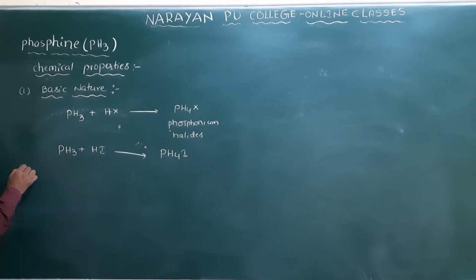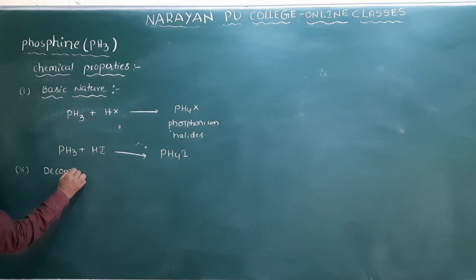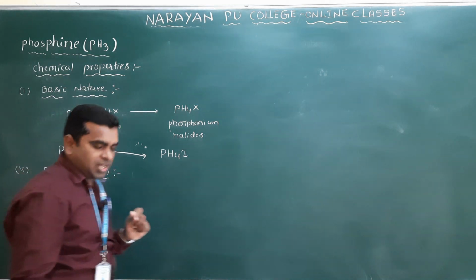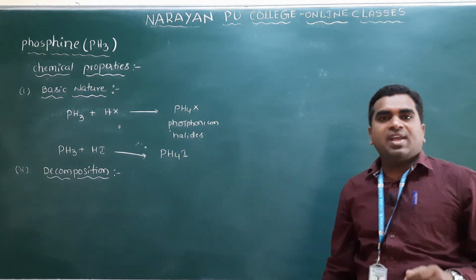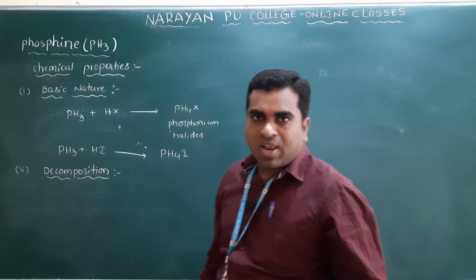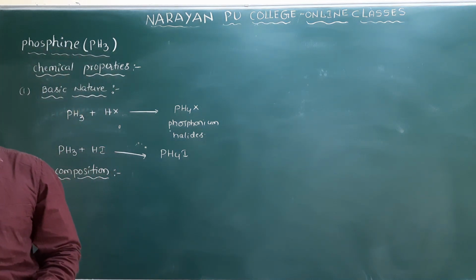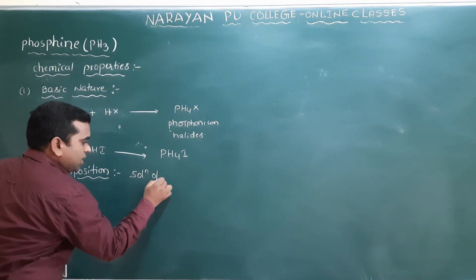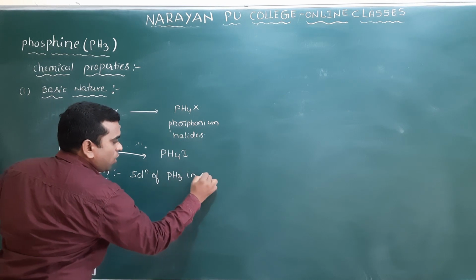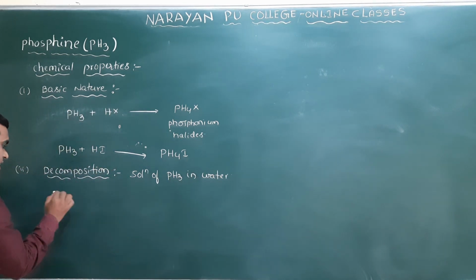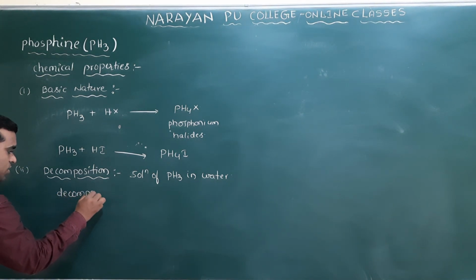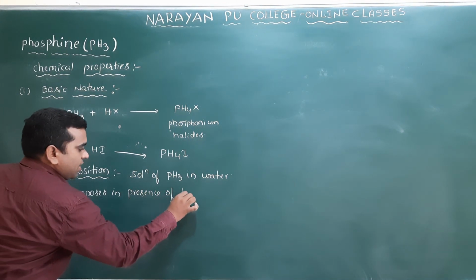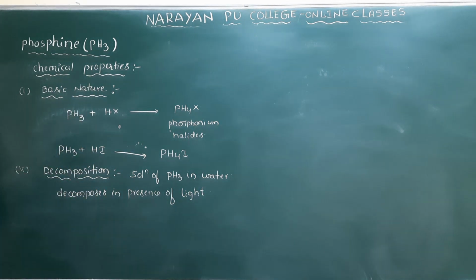Next, second one is decomposition. The solution of phosphine in water decomposes in the presence of light to give red phosphorus and hydrogen gas.